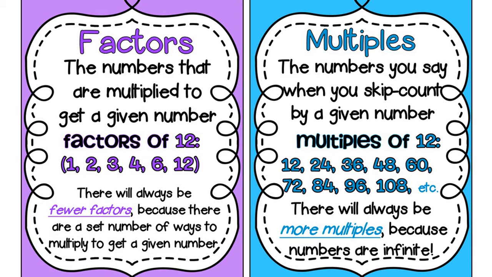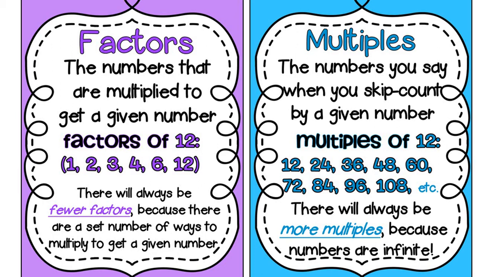Now the multiples: the numbers you say when you skip count, and focus on the words skip count, by a given number. Multiples of 12 are 12, 24, 36, 48, 60, and so on. So you always have more multiples, because numbers are infinite; multiples are infinite.